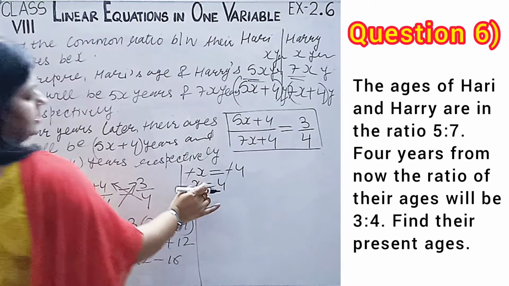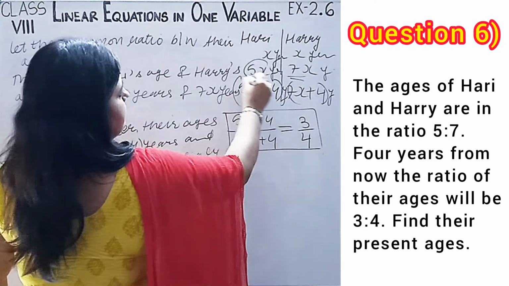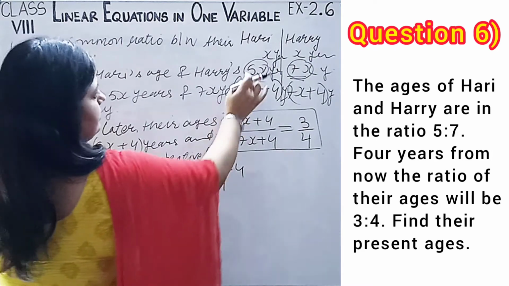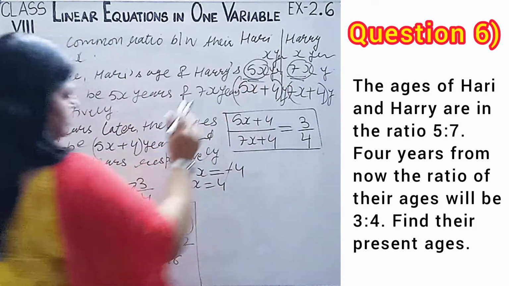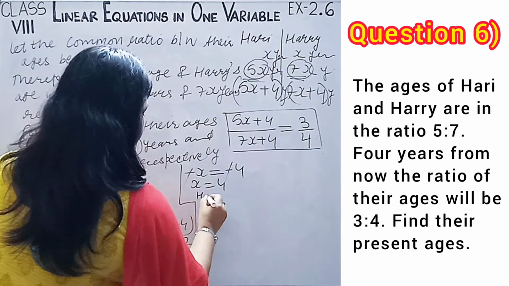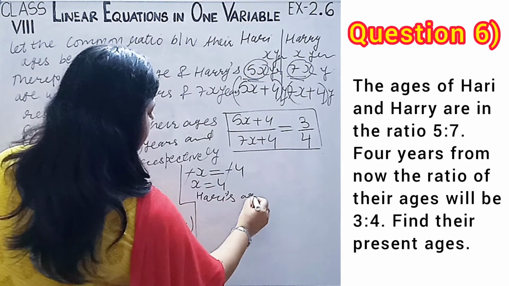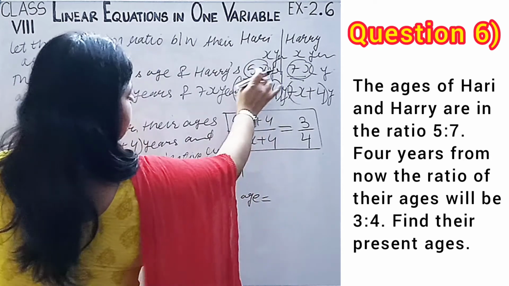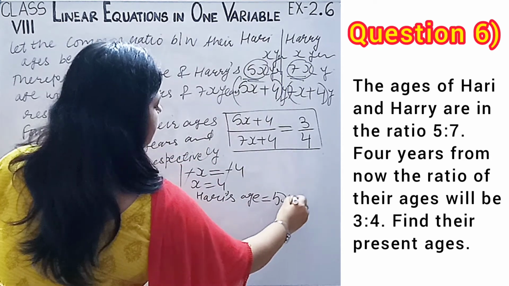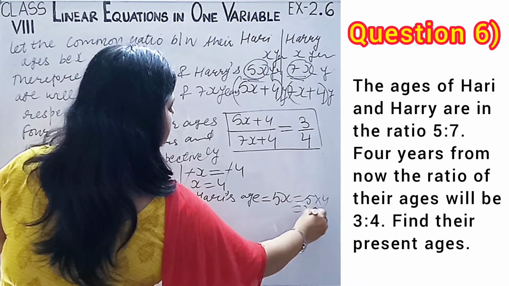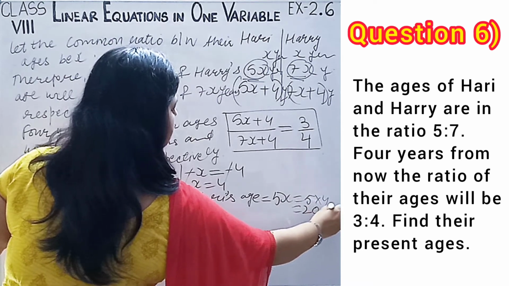Now here we had 5x and 7x. So substituting x in 5x and 7x. Hari's age is equal to 5x, 5 into 4, 5 4s are 20 years.